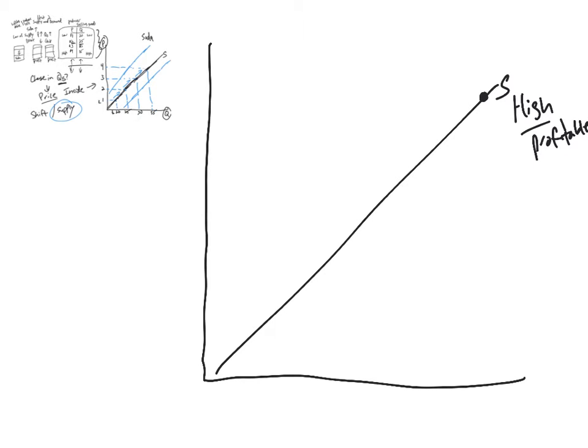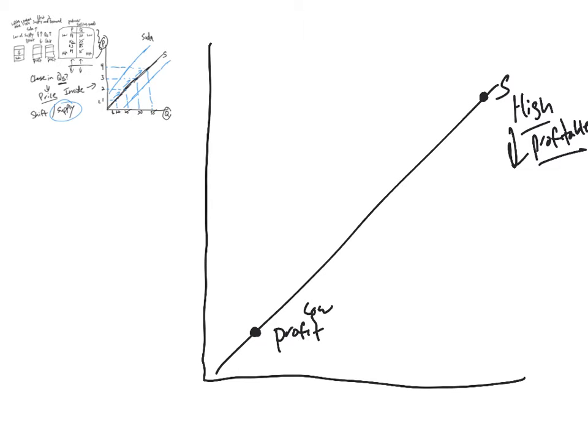It takes a high price for me as the supplier to be profitable. If the price was lower, I wouldn't be profitable and therefore I wouldn't exist as a business. But down here, I can be profitable. I can make a profit, I can supply even at a low price.